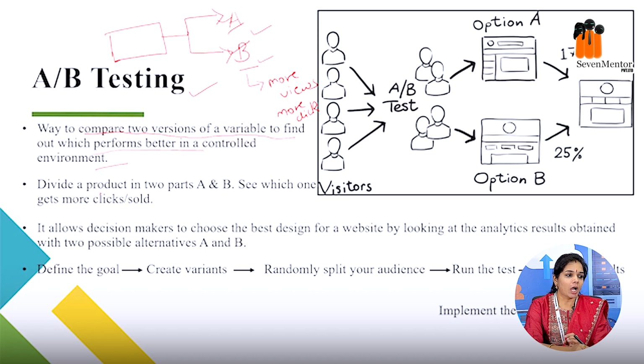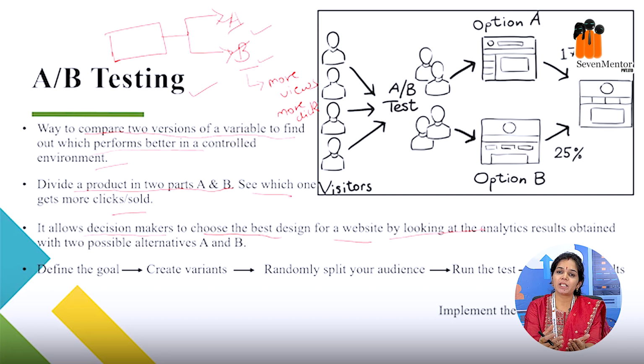Okay, how it takes place, just now I told you the procedure. Divide a product in two parts, A and B, see which one gets more clicks or sales. Okay, it allows the decision maker to choose the best design for a website by looking at the analytics. See, sometimes while searching for any costumes on Flipkart, you select a product which you like and you want to view more different products of the same company.